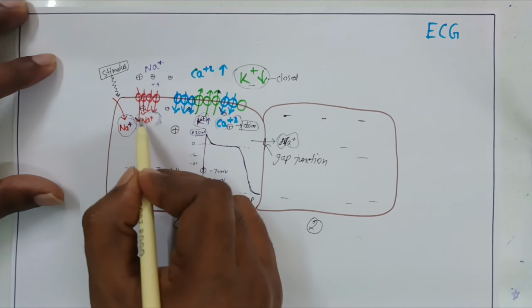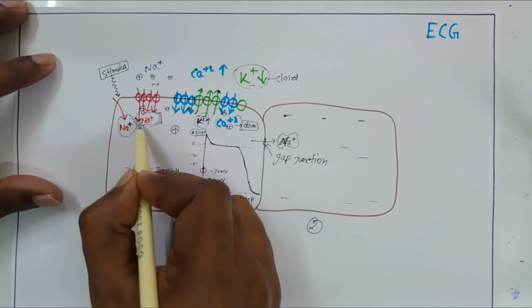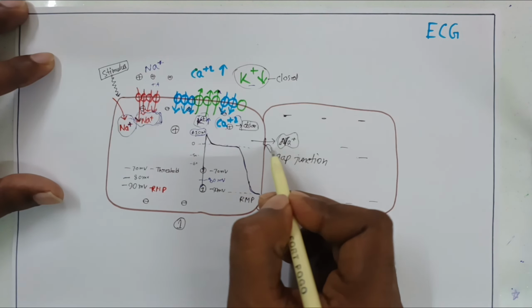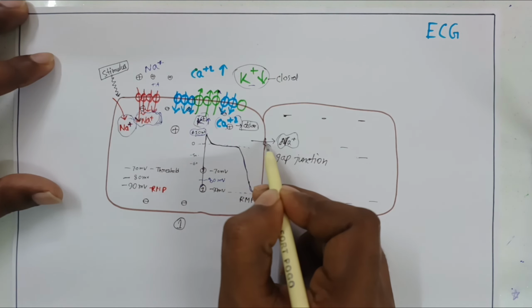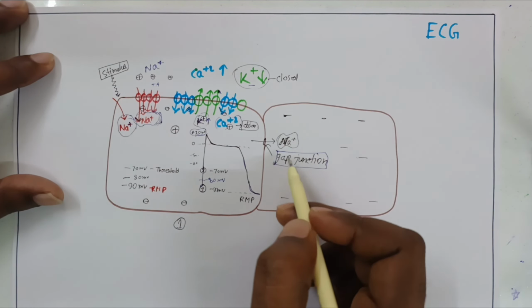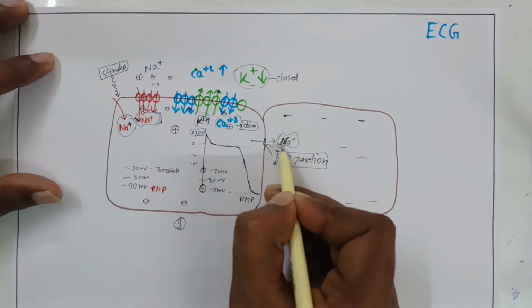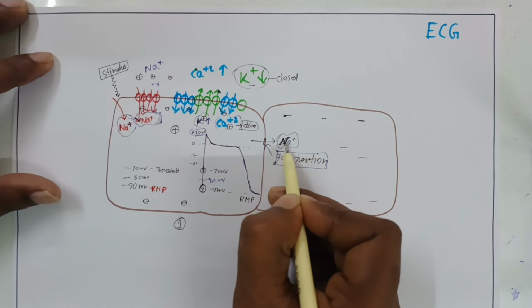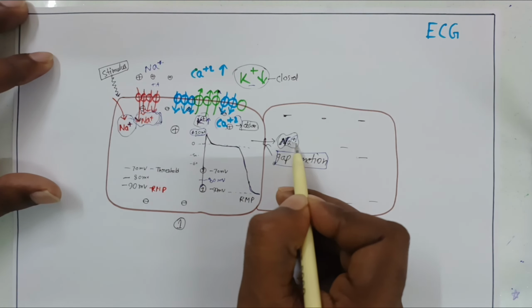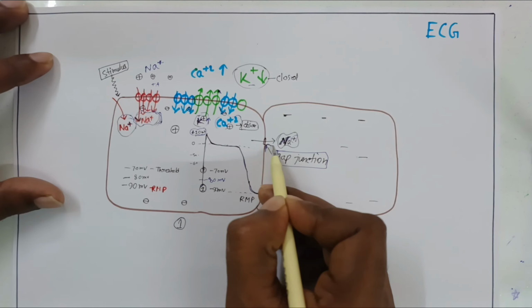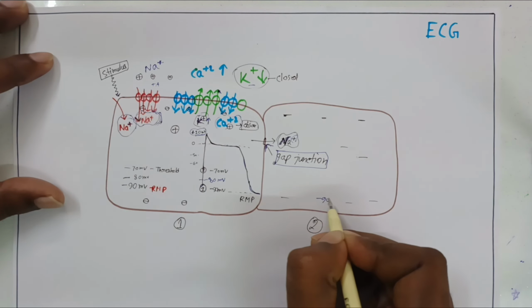Now this influx of sodium reaches the next cell. In this cell membrane there are gap junctions, and gap junctions allow these sodium ions to reach the next cell. So when the next cell receives these positive ions, this cycle repeats. It is initially at minus 90.